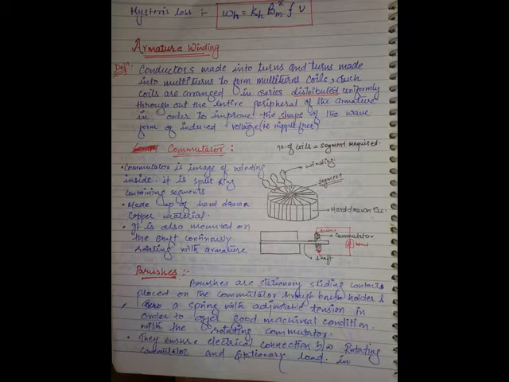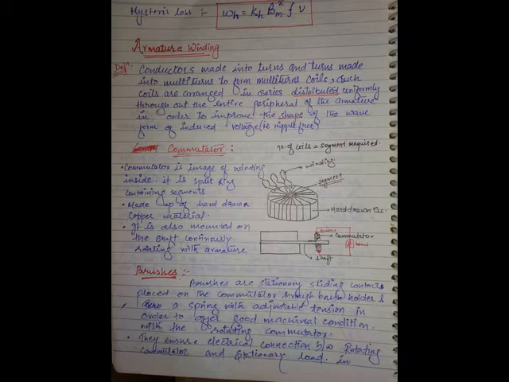According to the definition, armature winding is a conductor made into a turn, which is further made into multi-turn. These multi-turns are known as coils.